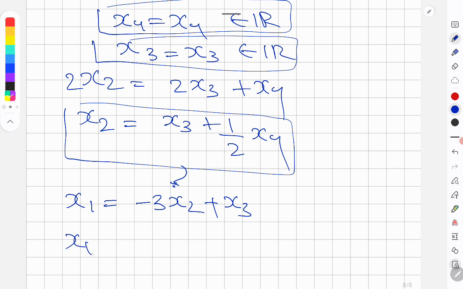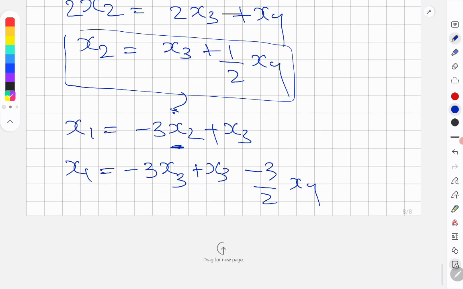So my x1 is equal to negative 3 x3 plus x3. I'm putting this value of x2 into this equation for x1.